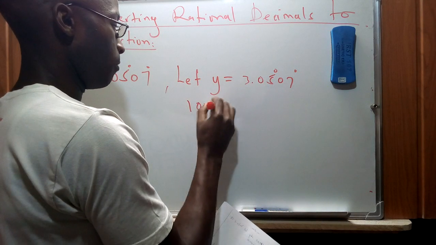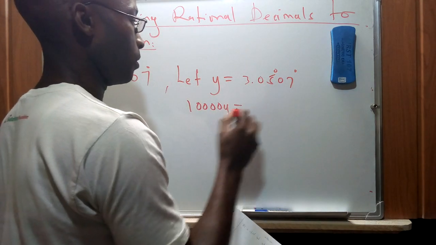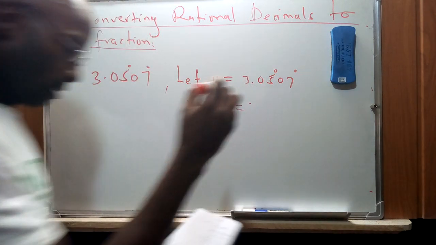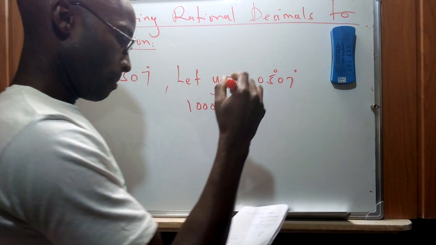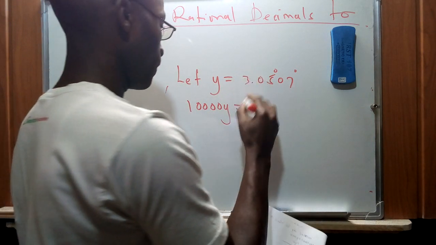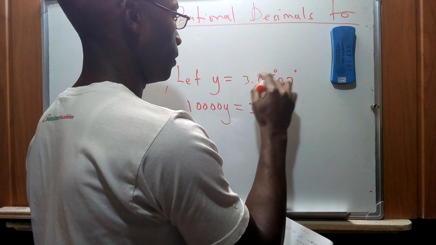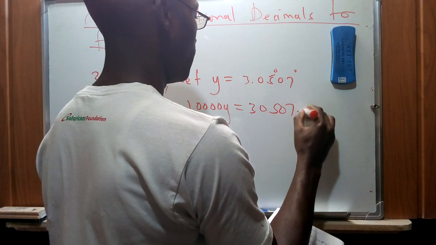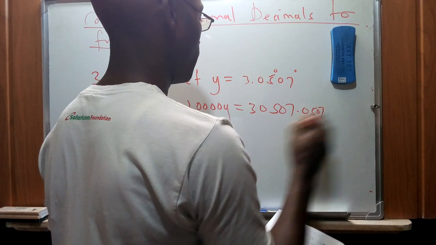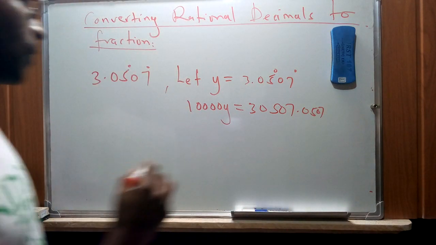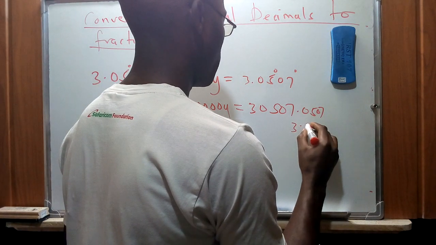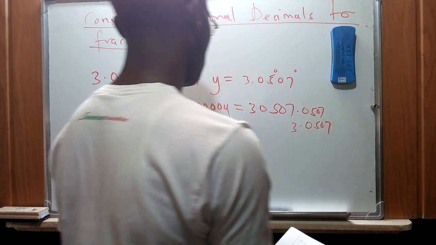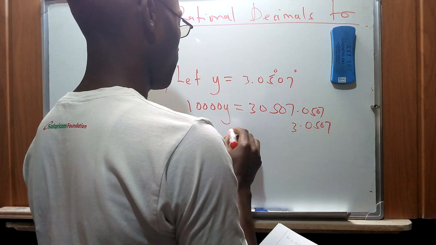So 10 to the power of 4 is 10,000. 10,000y is equal to 30507.0507... So we will have this, 3.0507..., for the value of y.